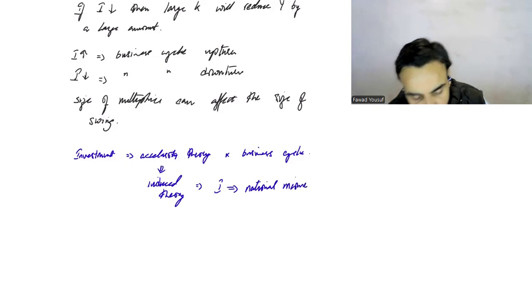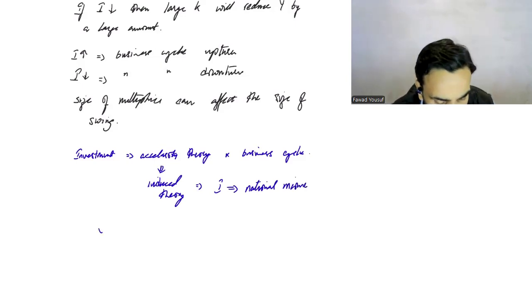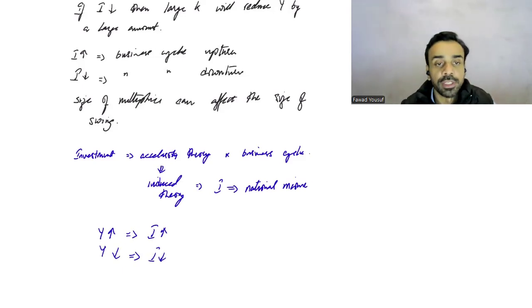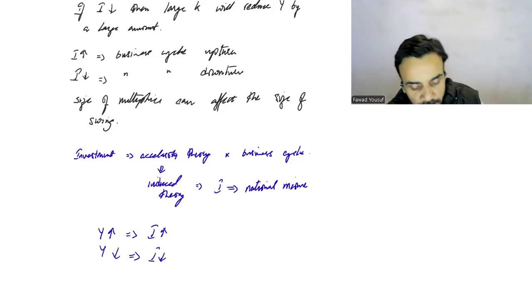Okay. And this theory says that if income goes up, investment rises, and if income goes down, then investment falls. ठीक है? So इसका एक फॉर्मूला था I equals A times change in Y.